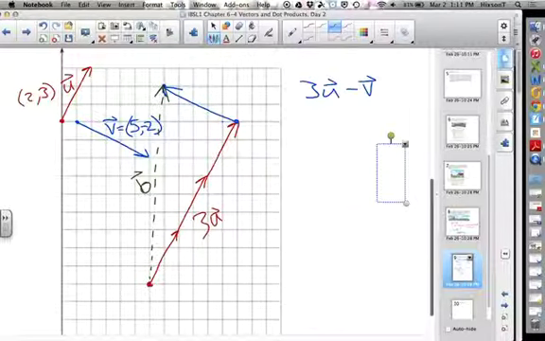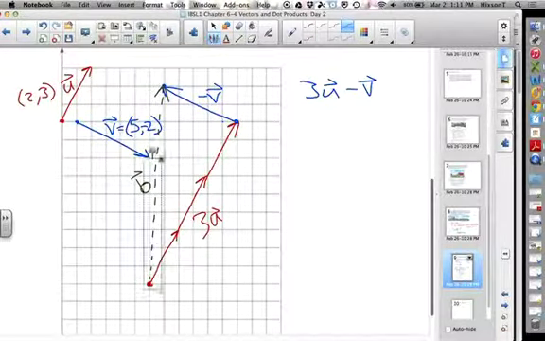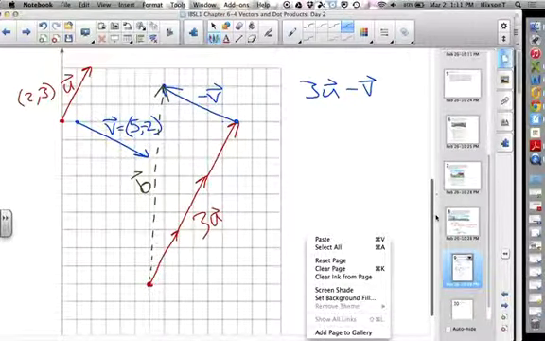Well, here's the thing. If I just pick a starting point and I draw my 3u and I draw my minus v, because this was my minus v, then if I just draw a vector from the starting point to where I ended up, that's going to be b.